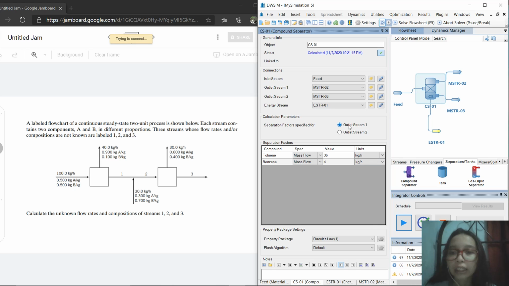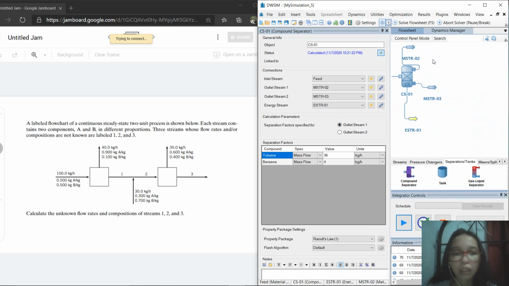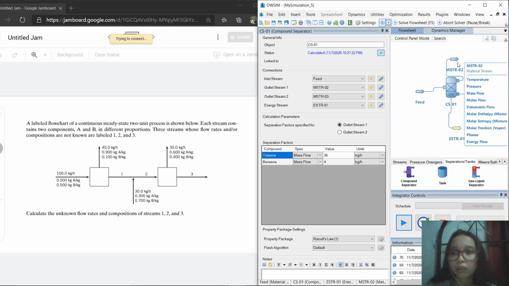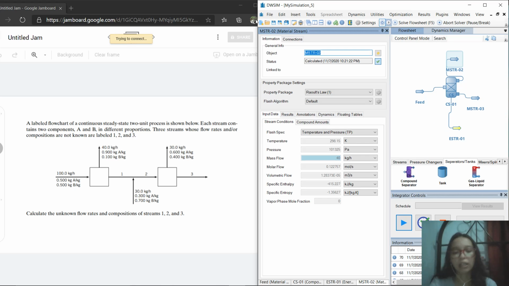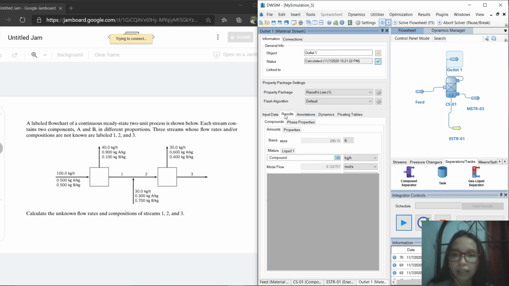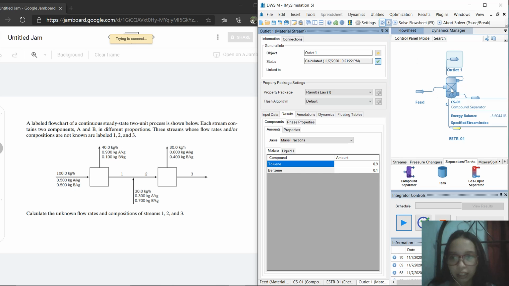We're going to check the outlet stream 1, going to name this our outlet 1. So it is 40 kilogram per hour, just like the given here, and the composition is 90% A or toluene and 10% B, just like here in the given.